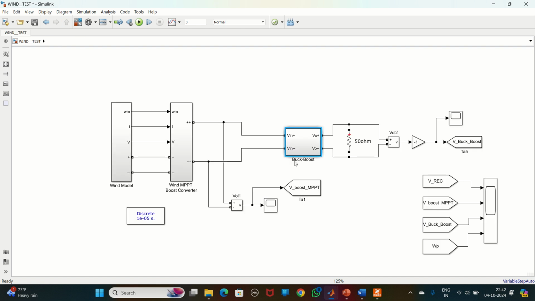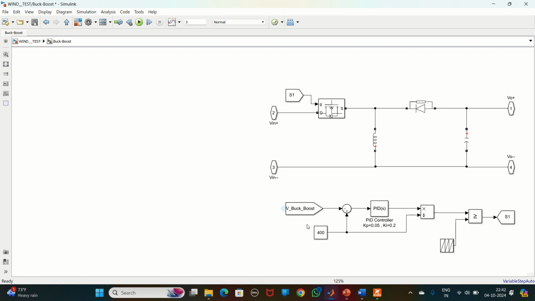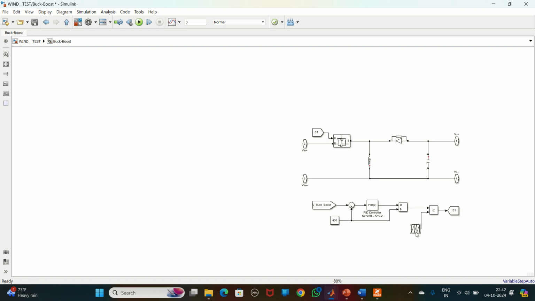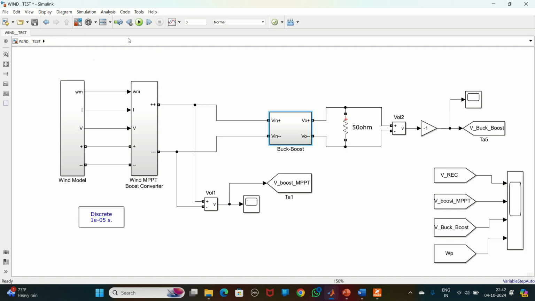That's it. This is my circuit diagram, this is my simulation file, and this is a closed loop control, how we are going to design. Fine, and now I am going to run it. Here this block will not be given to you, so you have to design this one.